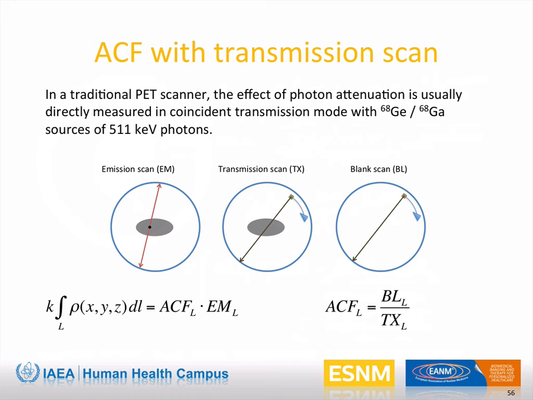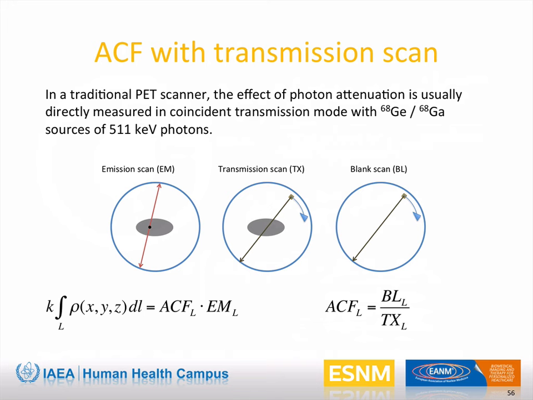The attenuation is measured by comparing the counts recorded along a certain line in the presence of the object, transmission scan, to those obtained without the object, called blank scan. Attenuation data along all the lines of response are collected, for example, by rotating the source around the object, thus creating a sort of transmission sinogram and a blank sinogram.